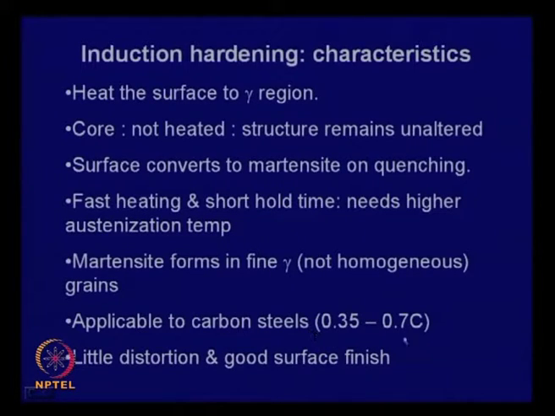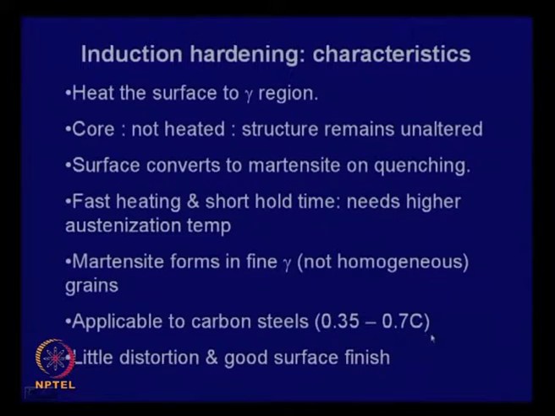This may not have any intentional alloying element to improve hardenability; even simple plain carbon steels may be used, but it must have a little high carbon, because if you want high hardness at the surface, this hardness is determined primarily by the carbon content in the steel.